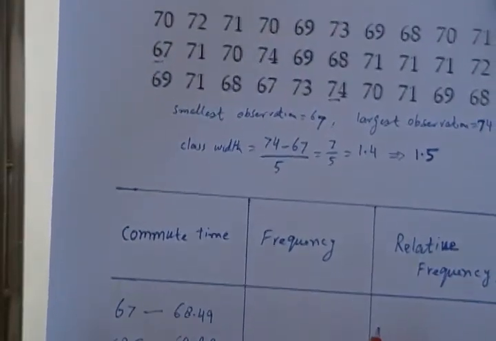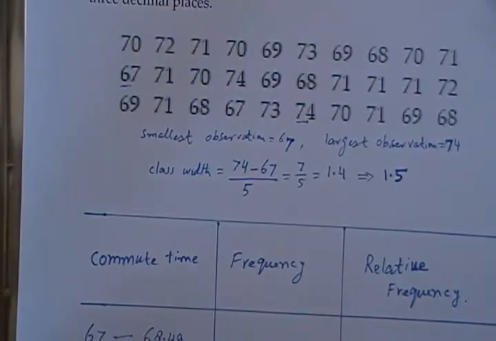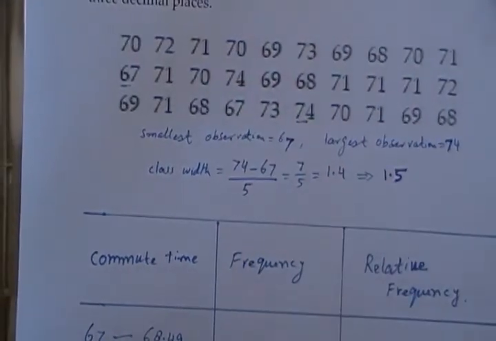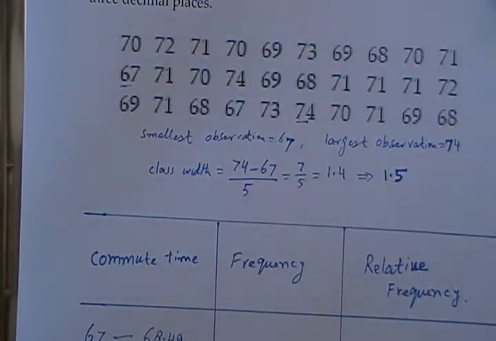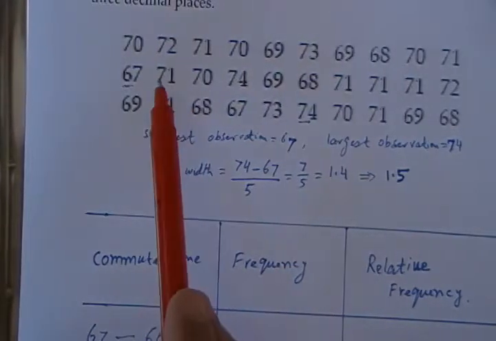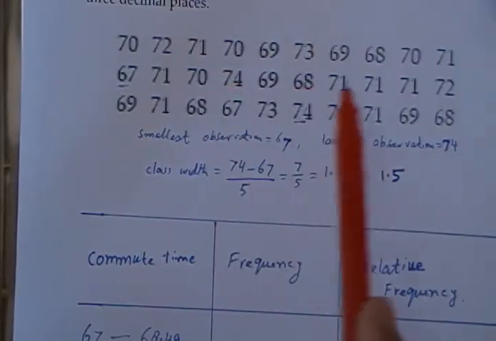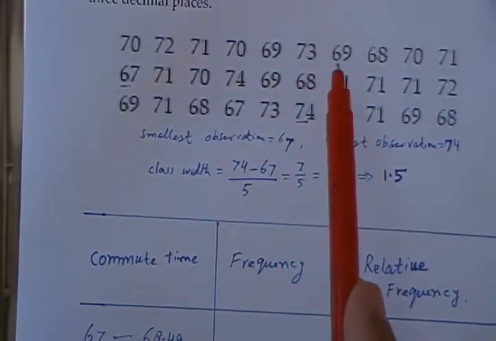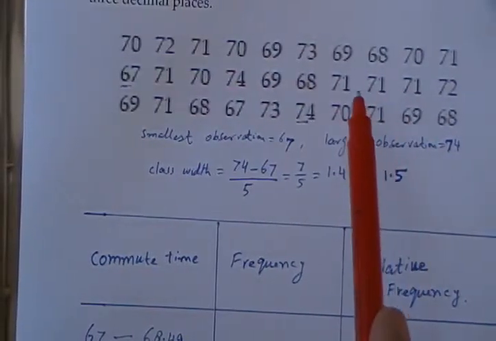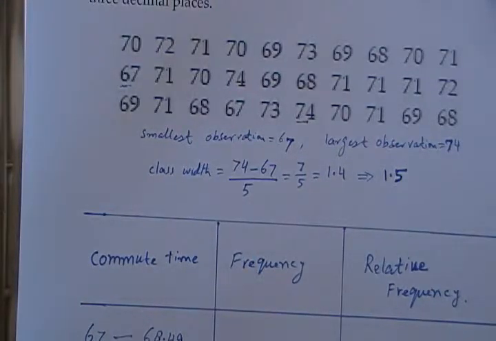The next thing is that we look into the data back in our problem, and see how many of the observations fall in this range, 67 to 68.49. Our observations are not in decimals, they are whole numbers. So any numbers from 67 through less than 68.5 means 67 or 68.